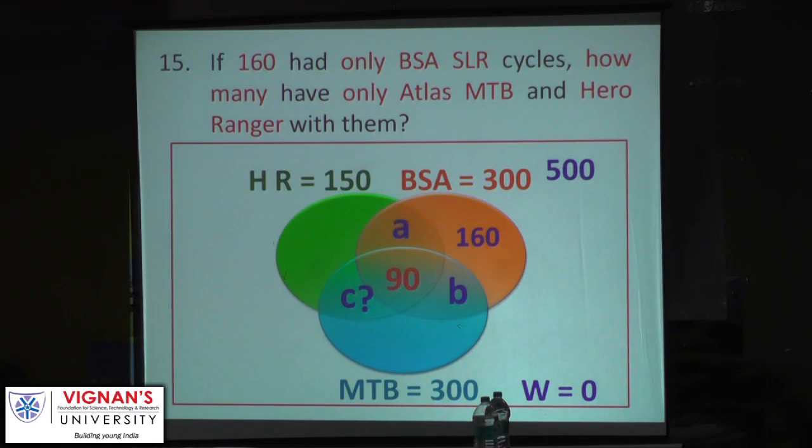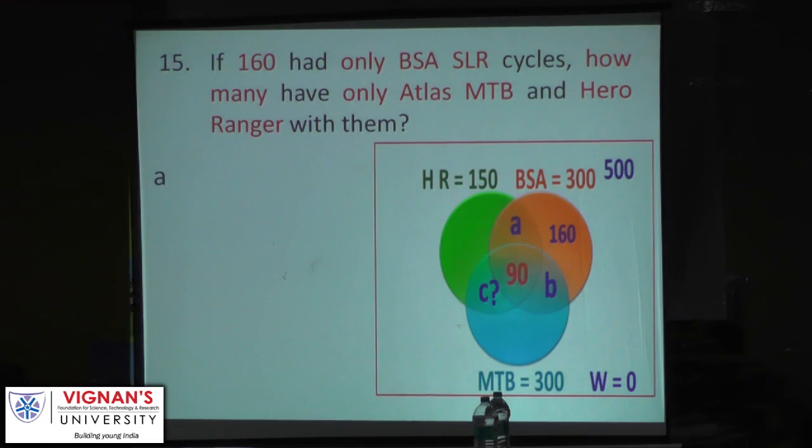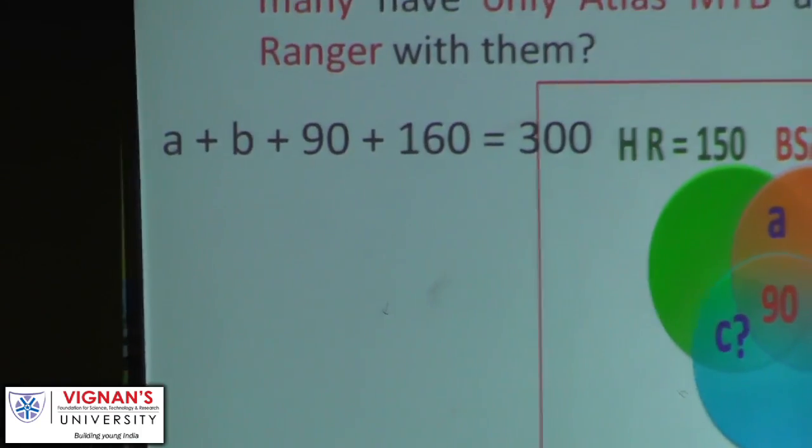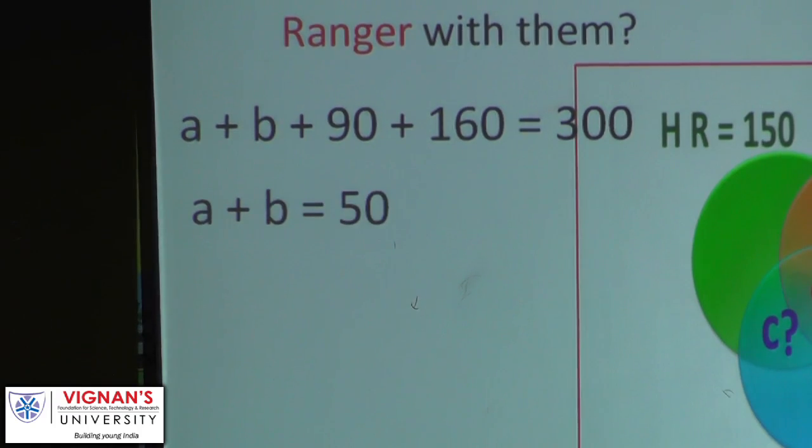Out of 300, if you subtract 160 and 90, the remaining is A plus B. Am I right? So I'm doing the same thing. A plus B plus 90 plus 160 is equal to 300. Entire circle. From this I am finding out A plus B. A plus B is 50.